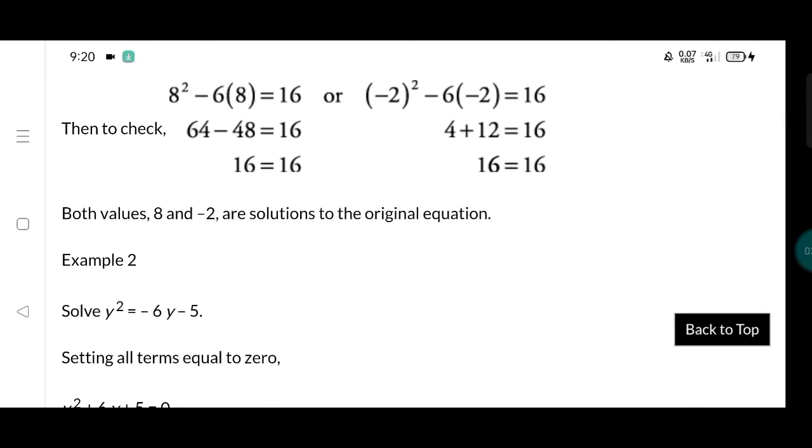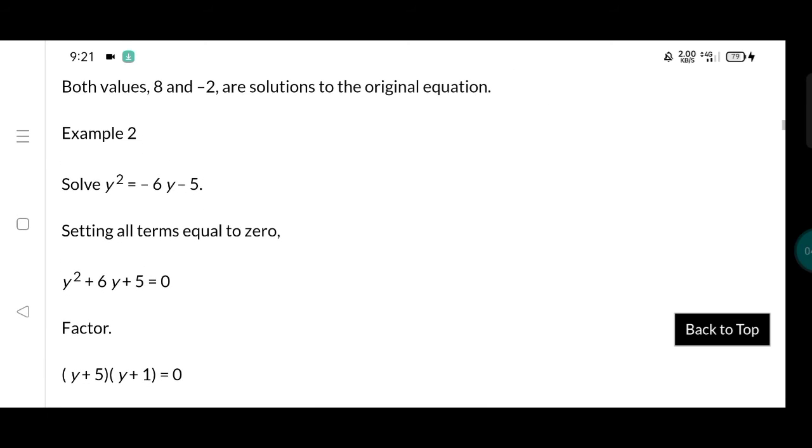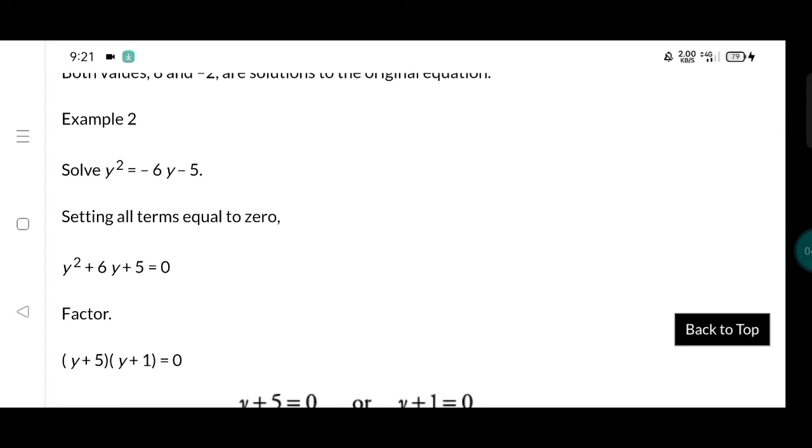Next example, solve y squared is equal to negative 6y minus 5. Setting all terms equal to 0, once the terms are moved to the other side, they change sign, so the negative 6y and negative 5 become positive.